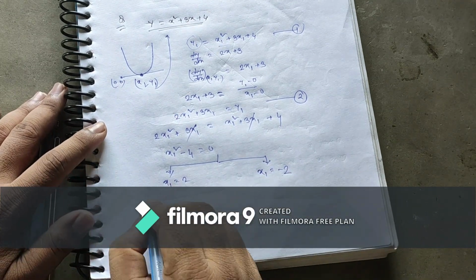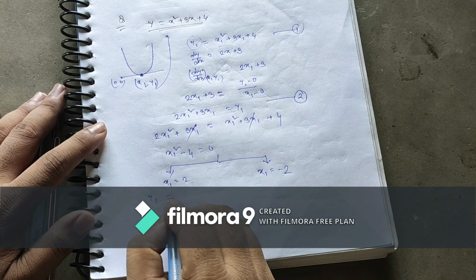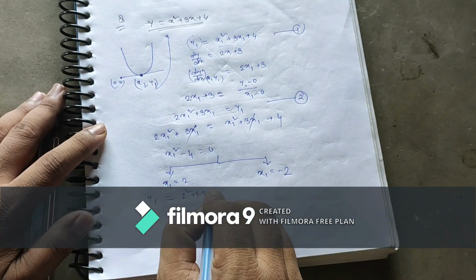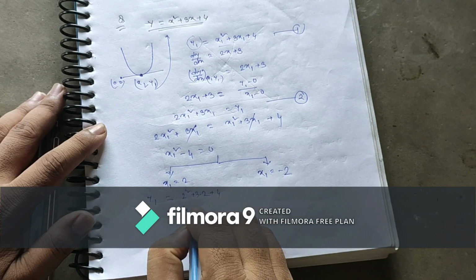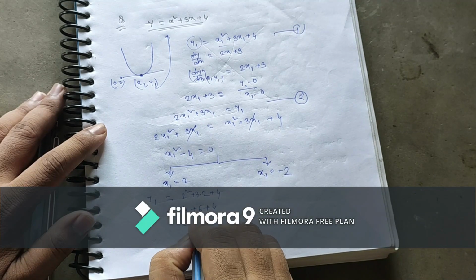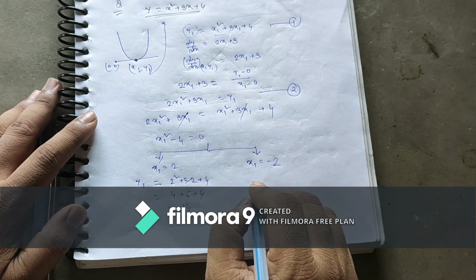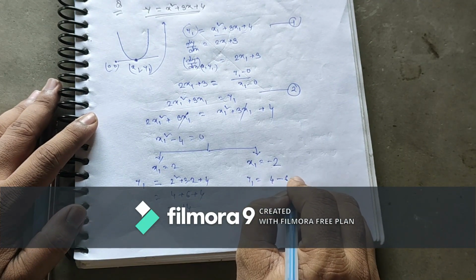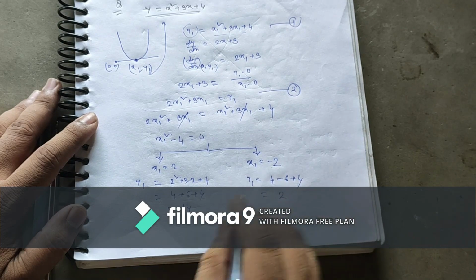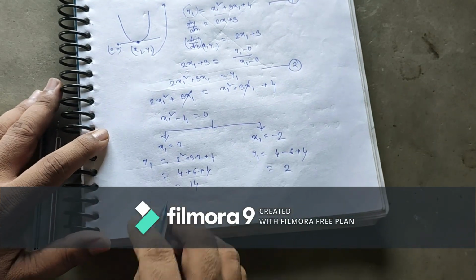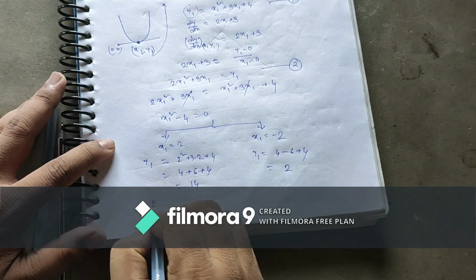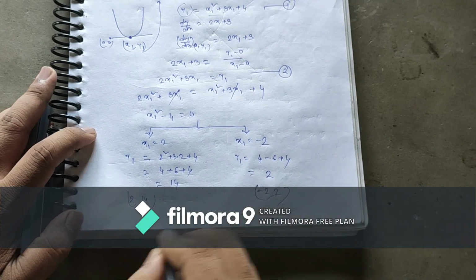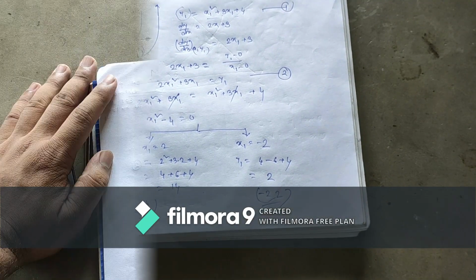From x1 equals 2 we get y1 equals 2 square plus 3 into 2 plus 4, that is 4 plus 6 plus 4 equals 14. And from minus 2 we get y1 equals 4 minus 6 plus 4, that is 2. So there are 2 points, that is 2 comma 14, and the other point is minus 2 comma 2. So that's the required answer.